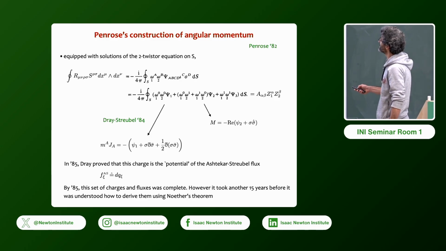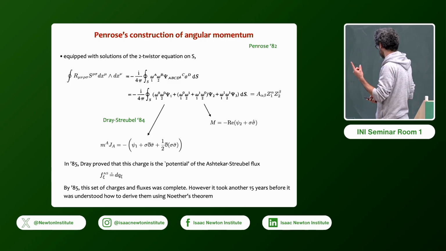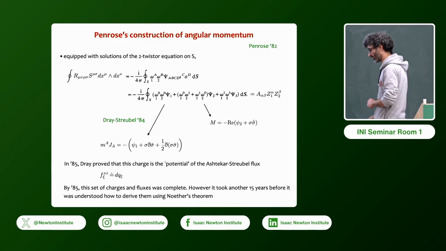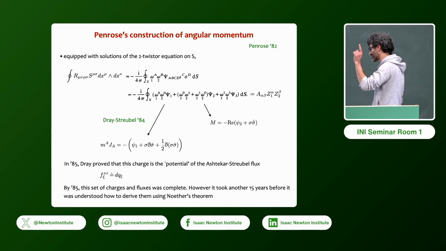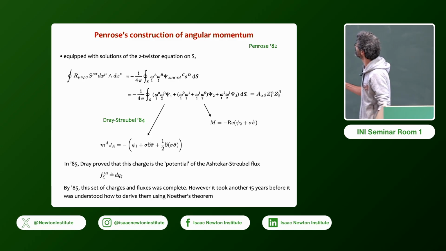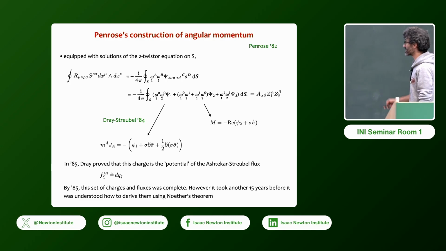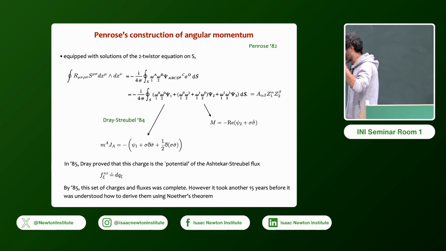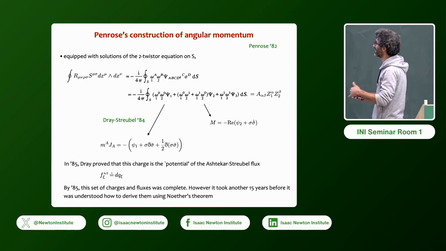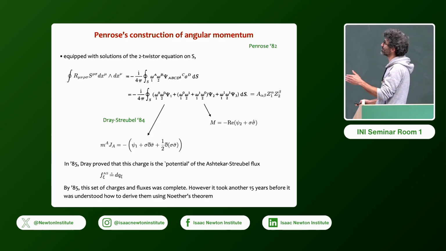But what they showed is that when you go through integration by parts and you use the fact that psi3 is eth of the news, and therefore you can replace that with sigma dot and integrate by parts, you get rid of this piece and you end up with this. Then in their paper, they proposed this as a charge, compared it with other proposals in the literature, and showed that it had better behavior than the previous ones, but they did not yet know whether this charge was symplectic.